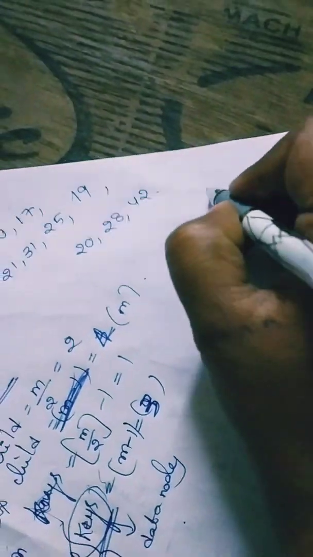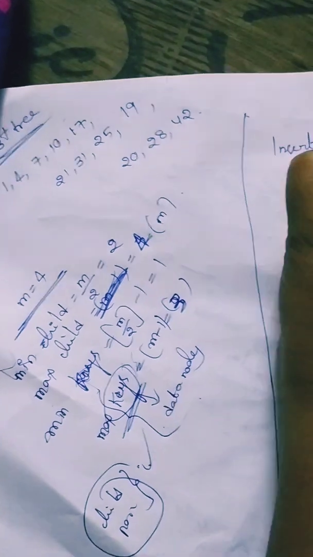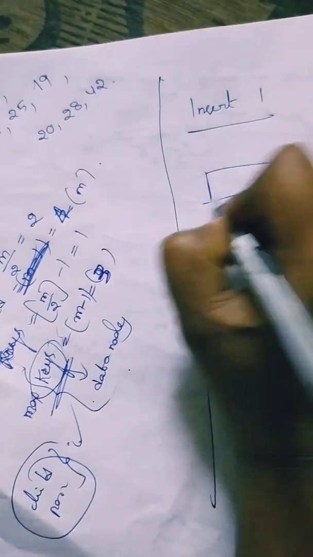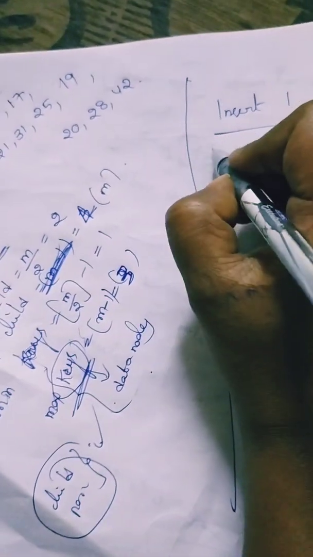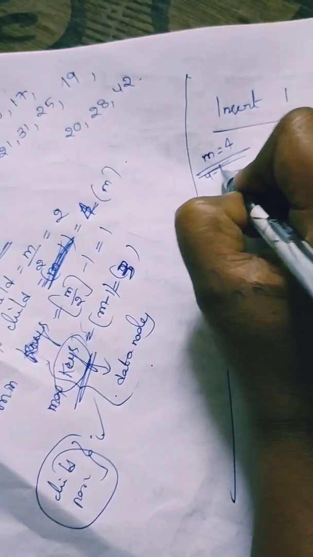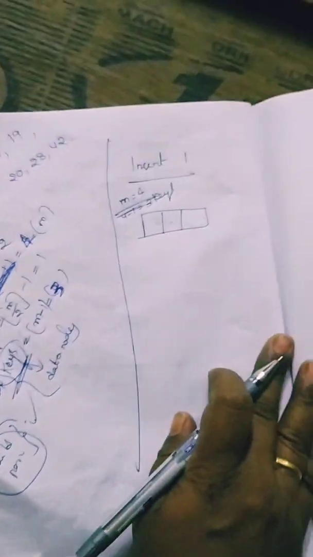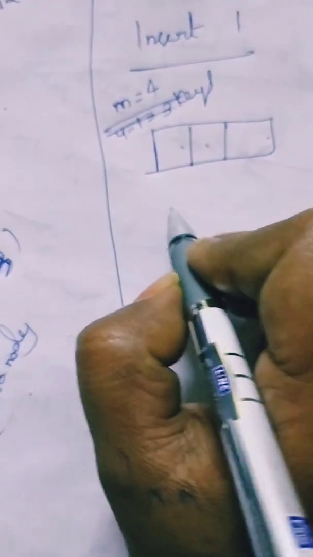So let me go with our insertion. First we have to insert 1. Here we have taken m equal to 4, so we have 4 minus 1, that is 3 keys. Here these are the 3 divided blocks.